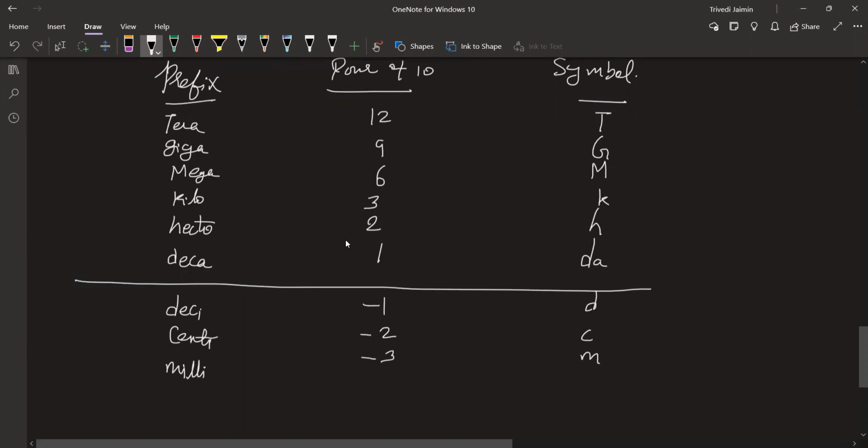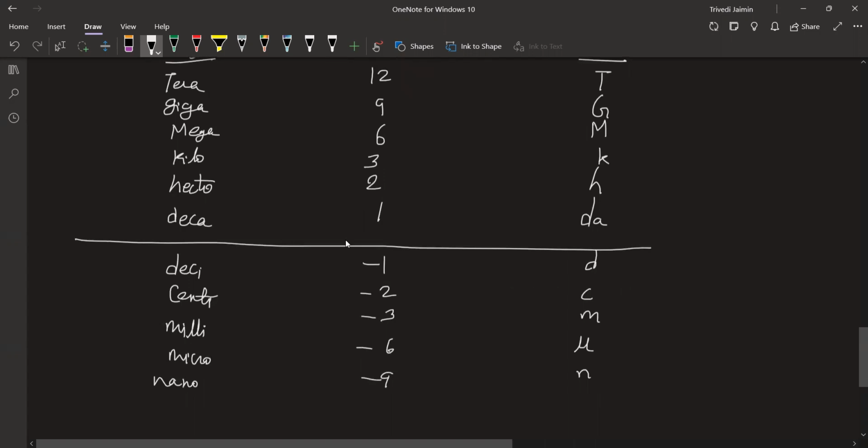This is micro for minus 6, denoted by mu. And then minus 9, nano, as in nanoparticles, which is denoted by small n.